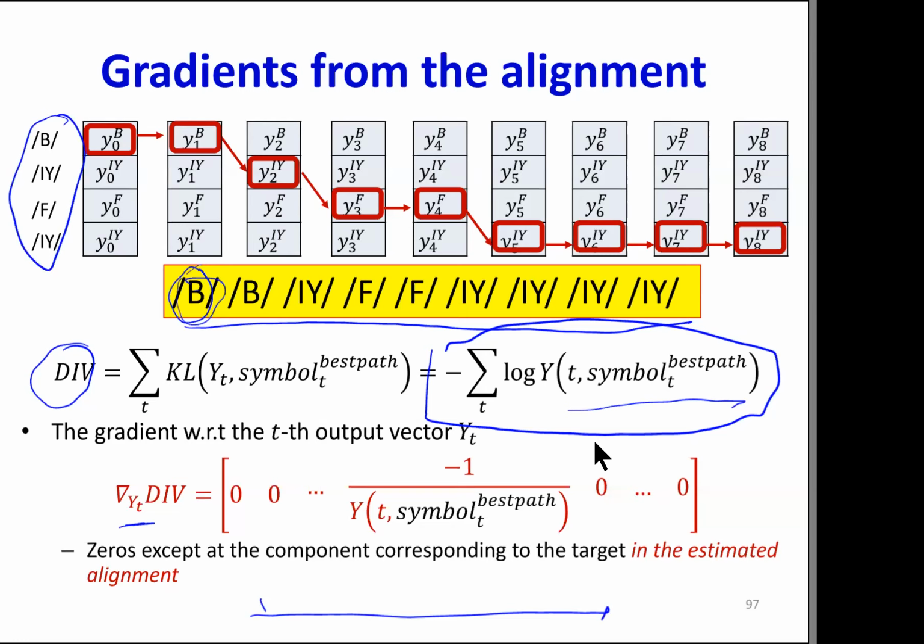So as a result, the derivative of the divergence with respect to the output at any time t is going to have a bunch of zeros for all the phonemes except the specific phoneme that has been aligned to that time. And for that one phoneme, it's going to be the derivative of minus log of that probability, which just becomes -1 over the probability assigned to that symbol. So is this making sense, guys?